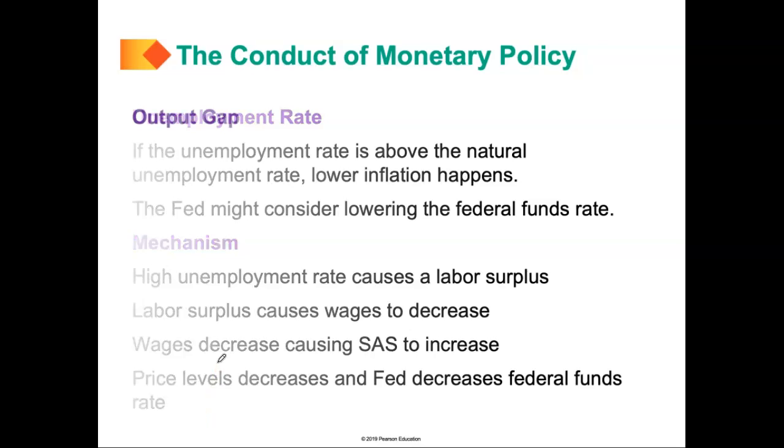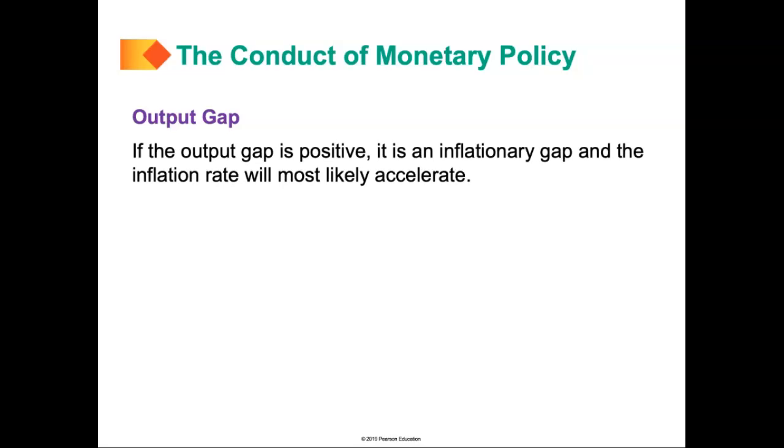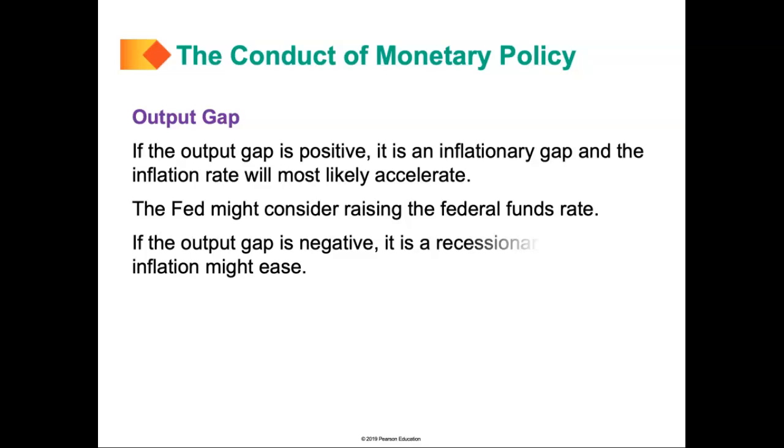Now let's take a look at the output gap. If the output gap is positive, it means that actual GDP is higher than potential GDP. So the economy is producing a lot of goods and services, there's an inflationary gap, and inflation will accelerate. Every time there's a high inflation rate, you guessed right, the Federal Reserve will raise the federal funds rate. Conversely, if the output gap is negative, it's a recessionary gap and inflation will decrease.